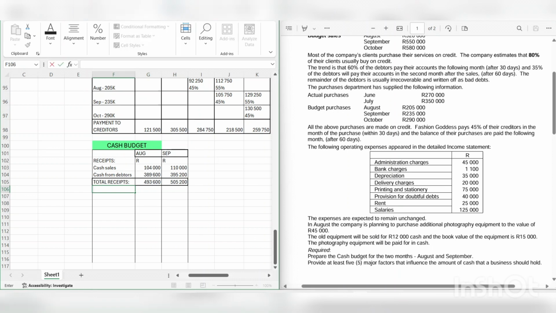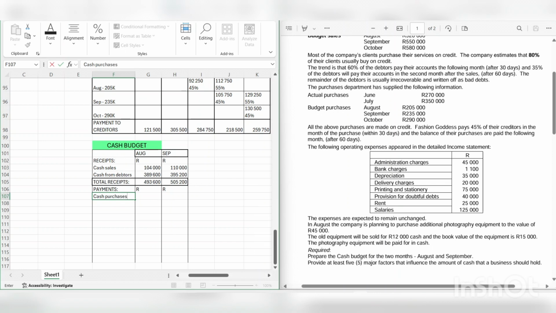All right, then the next step, do your payments, and then your cash purchases.